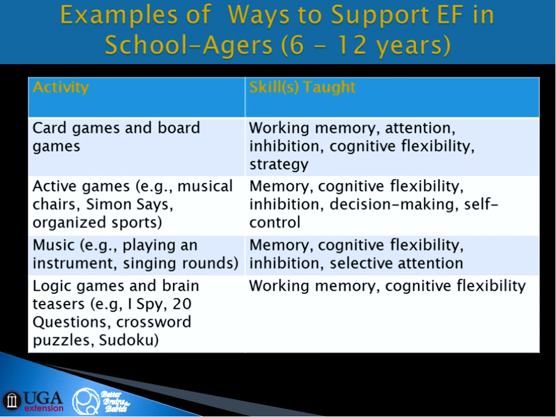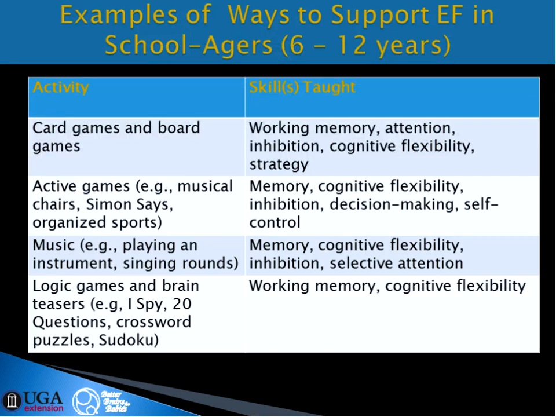Okay, moving on to talk about school-agers. I'm going to cruise through this quickly because I want to spend a little bit of time talking a little more specifically about adolescence. Card games, board games, things like Go Fish, Slapjack, concentration games, those kinds of things. Active games, more complicated rules, musical chairs, Simon Says, the organized sports.